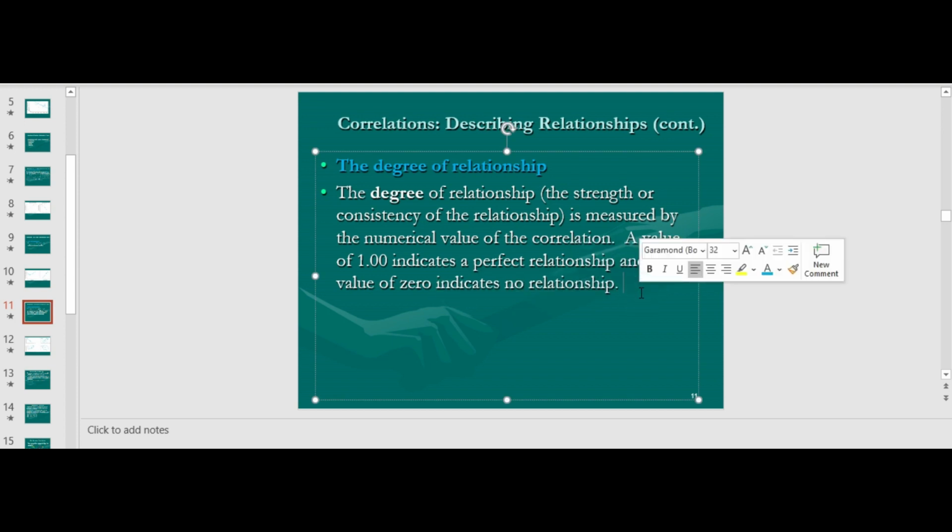A value near 1, -1 or +1 indicates a strong relationship, and a value away from 1 describes a low or weak relationship.